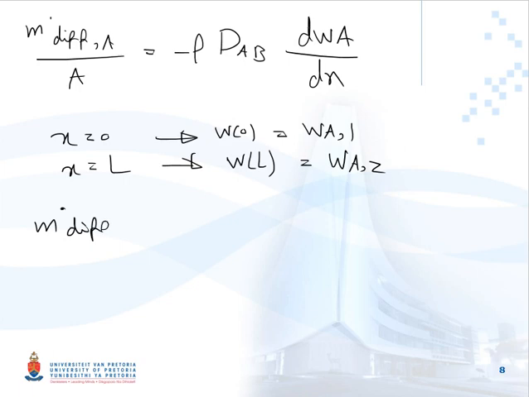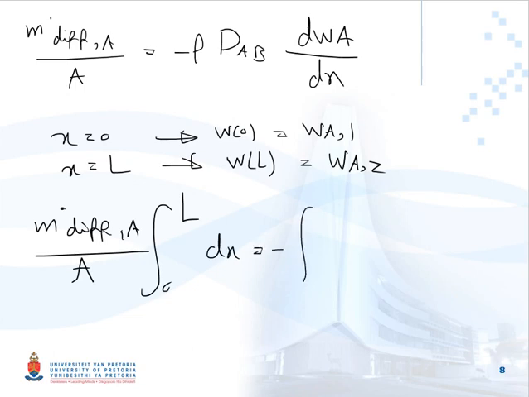So m dot diffusion of A divided by A, integrated from 0 to L dx, is equal to minus the integral from WA1 to WA2 of rho D_AB dWA.